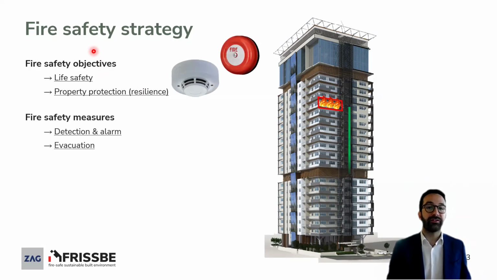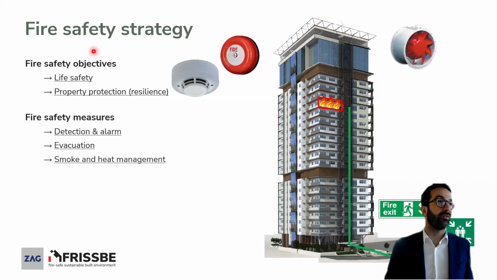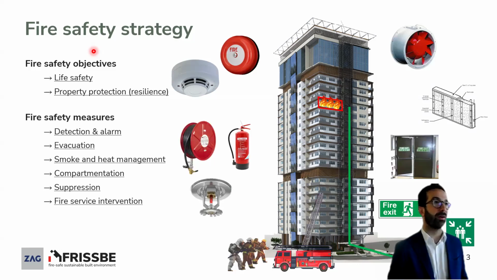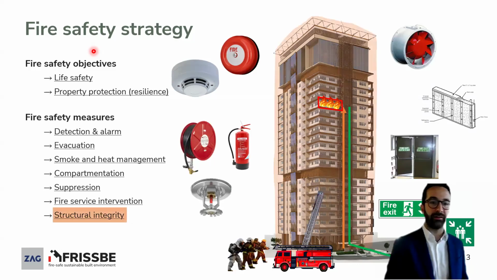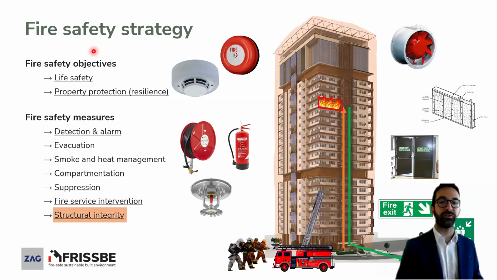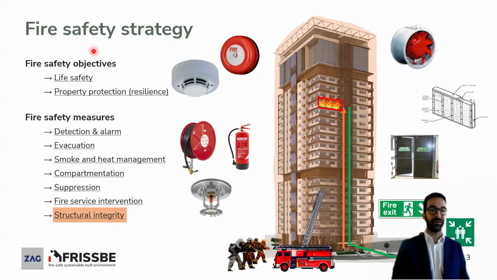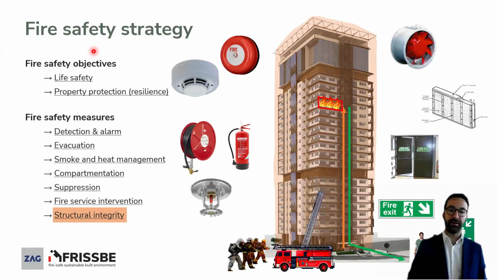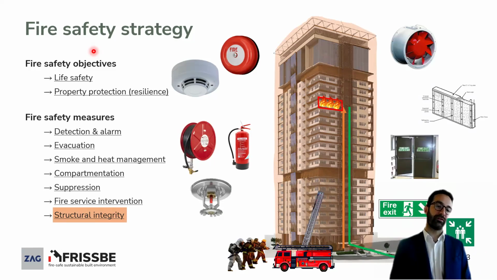So we usually put together a bunch of different fire safety measures because we would like to achieve our objectives, and we can mainly focus on detection, alarm, evacuation, smoke and heat management, compartmentation, suppression, and fire service intervention. But what I wanted to discuss today is that at the bottom of everything, we have structural integrity.